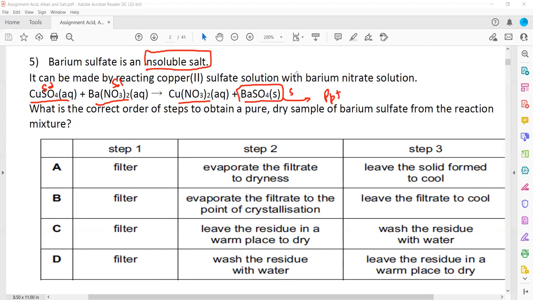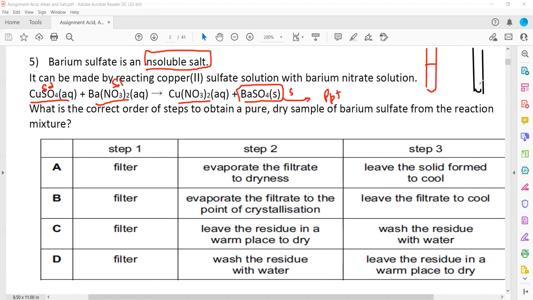First we will mix the two solutions in a test tube. In one test tube, we have copper sulfate solution, and in the other test tube, we have barium nitrate, the second salt solution.